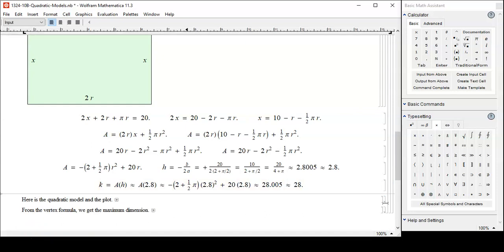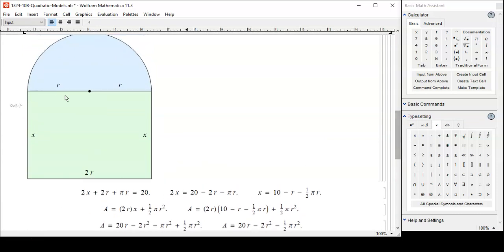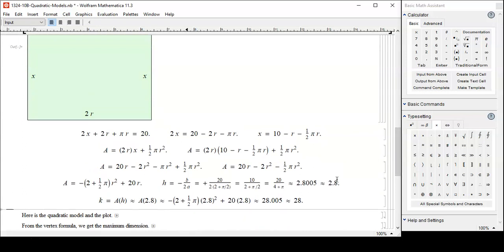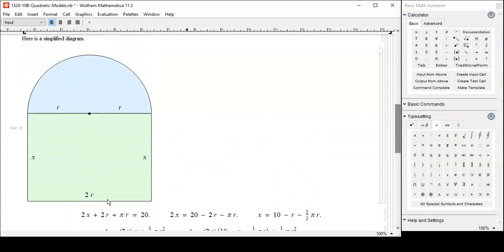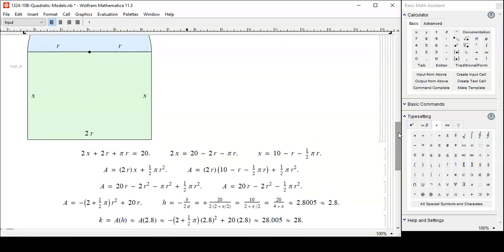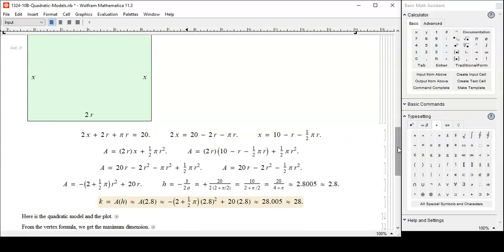Okay, there you go. And the maximum will take place when this radius r value is 2.8. So the diameter is twice of that, so 5.6. And in that case, x value is, after doing this computation, which I didn't do yet, but that's doable. But in any case, the area will turn out to be 28 square feet.